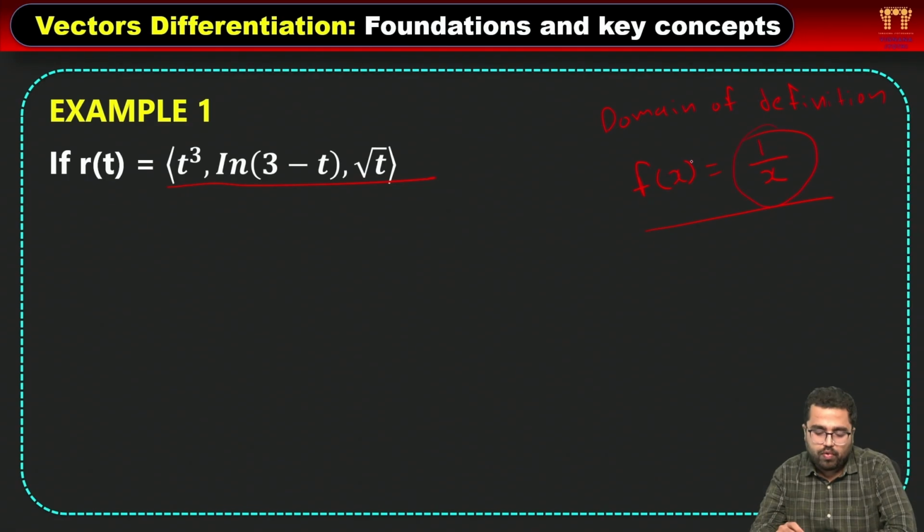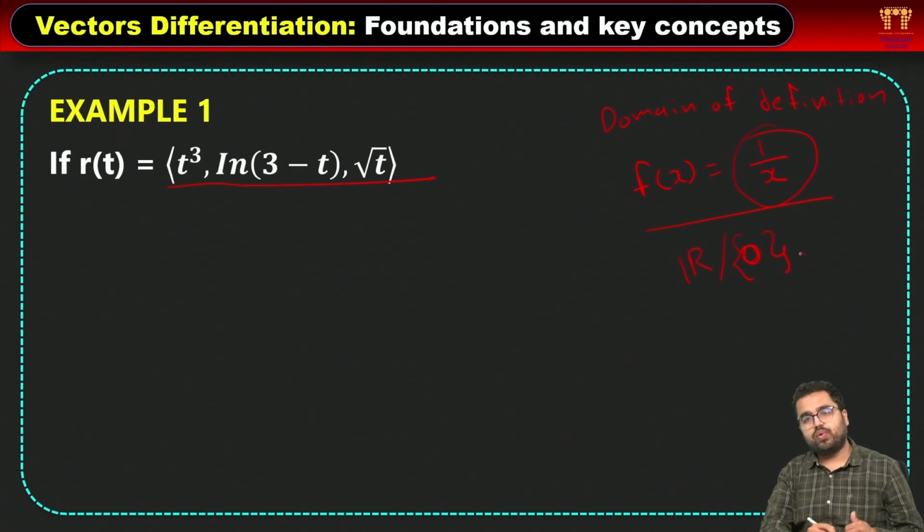It is defined for almost all values of x except 0. For 0 this function is not defined. So the domain of definition for this function is all real numbers except 0.